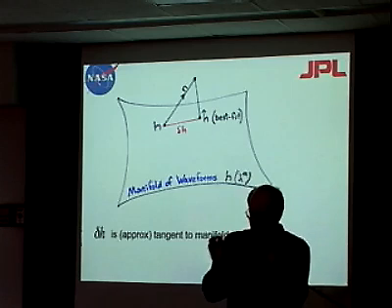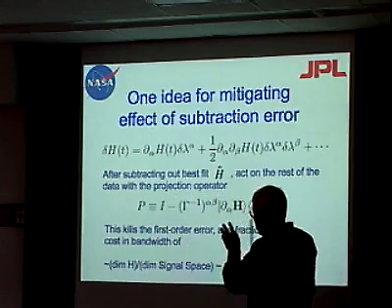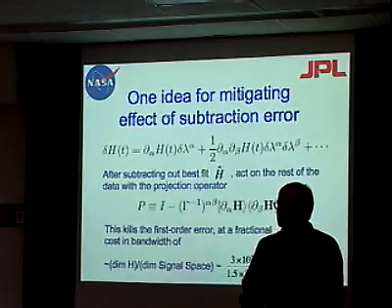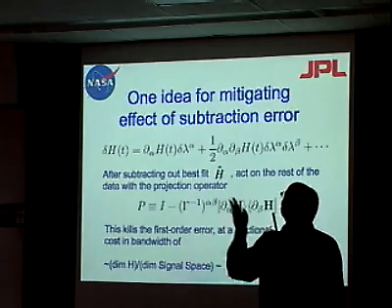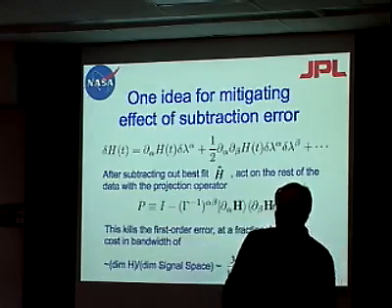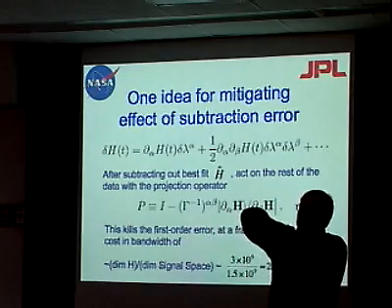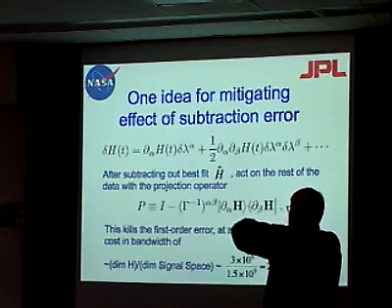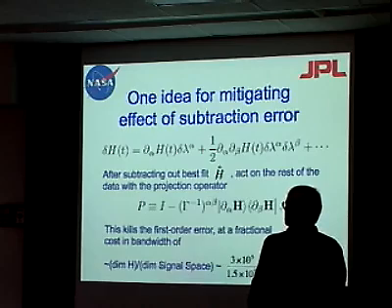So the idea is you have this big data set, which I claim is a vector space of dimension about 2 times 10 to the 9, 2 billion or so, from all the BBO data. And you can think of the tangent space to the manifold of waveforms as being this comparatively small space lying within the big data space.